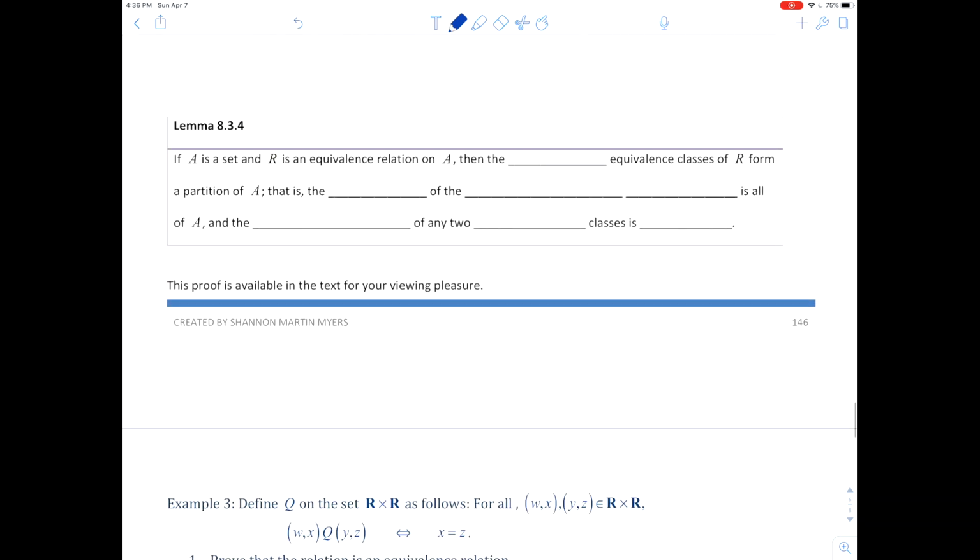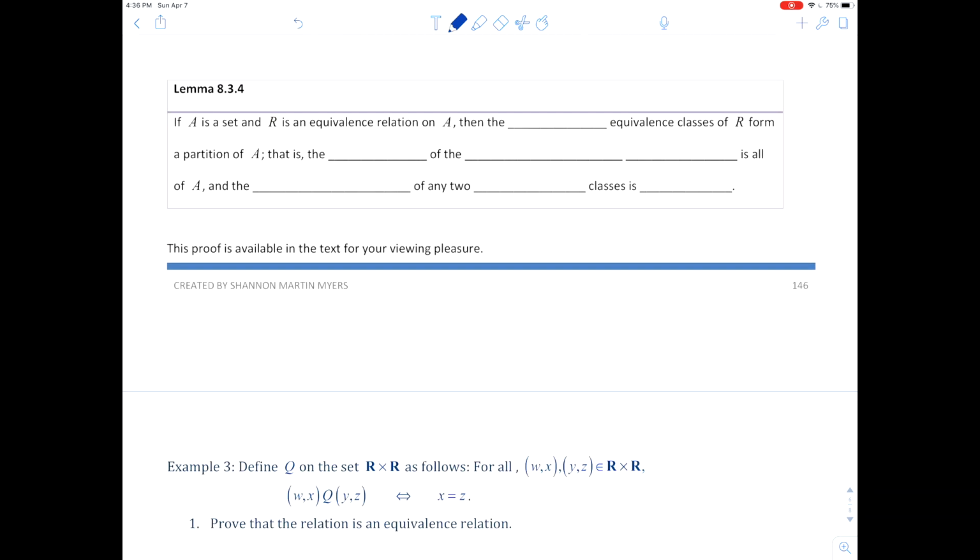All right, so lemma 8.3.4, we're not going to prove this one, but it is available in your text.